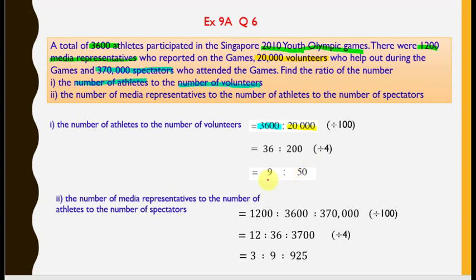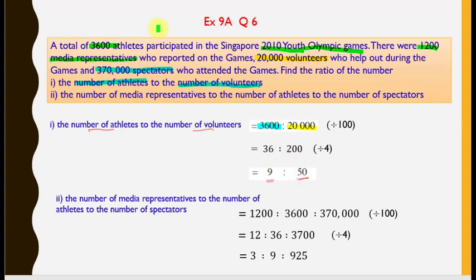So the ratio between the number of athletes and the number of volunteers is 9 is to 50. This shows the ratio of number of athletes, and this shows the number of volunteers. So that is the answer of part first.